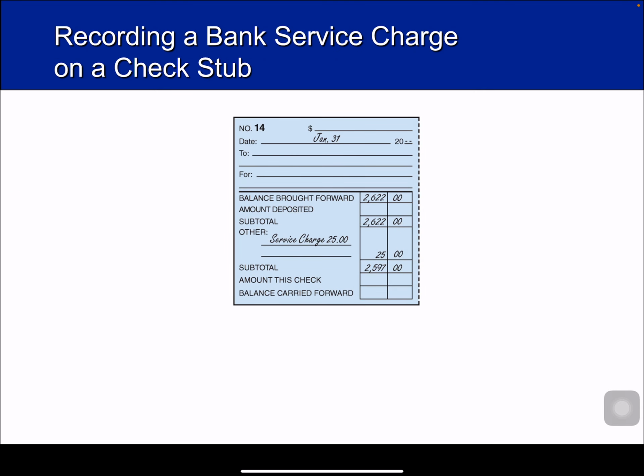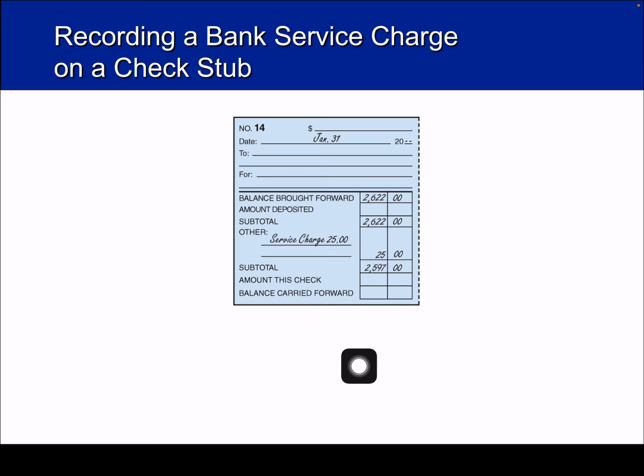After you are done, you need to record your service charge on your check stub, because what the bank does is it automatically takes it out of your account. You do not have to write out a check for it. They will take it automatically out of your account. But you have to go back and record it not only on your check stub, but also in your journal, because you have paid $25 for your service charge.